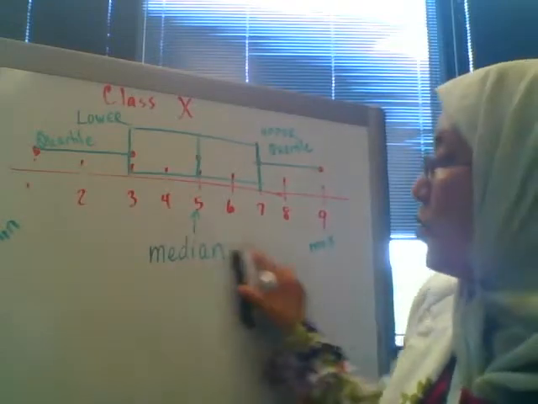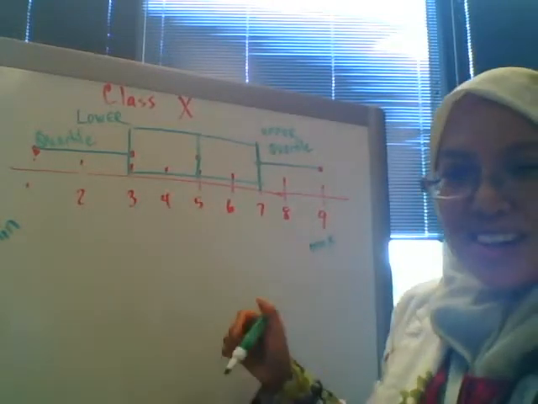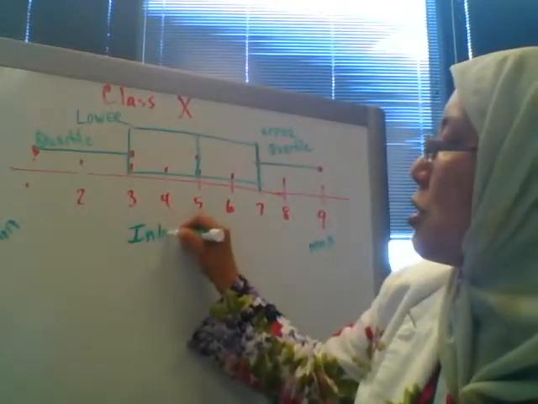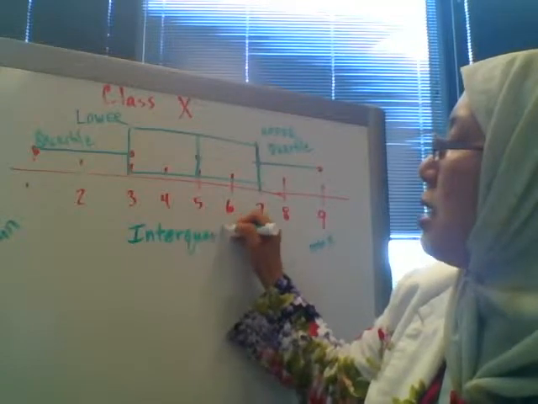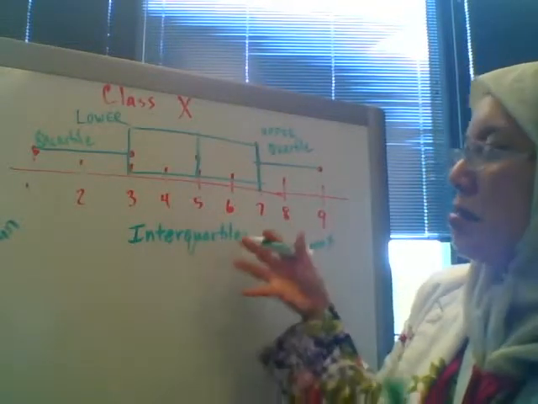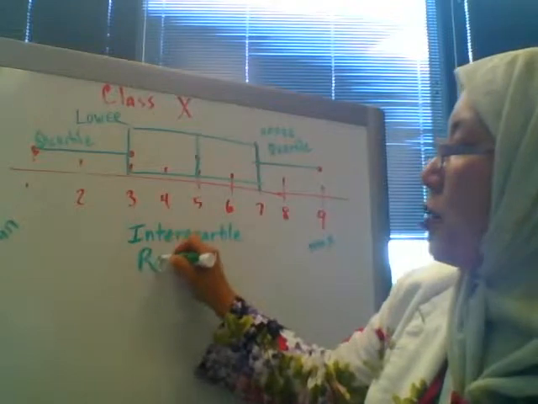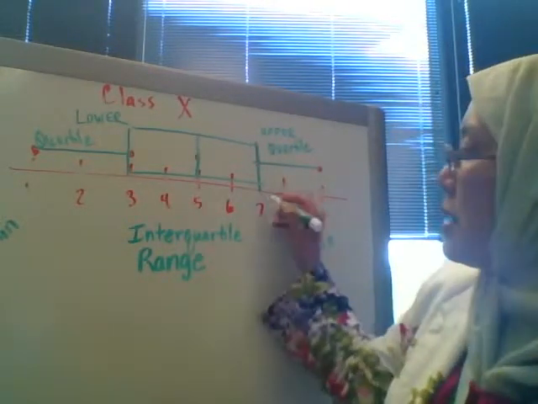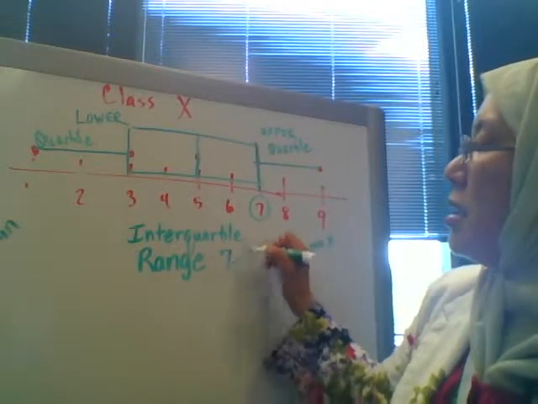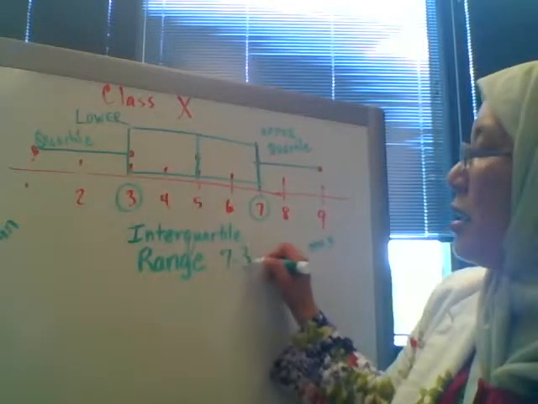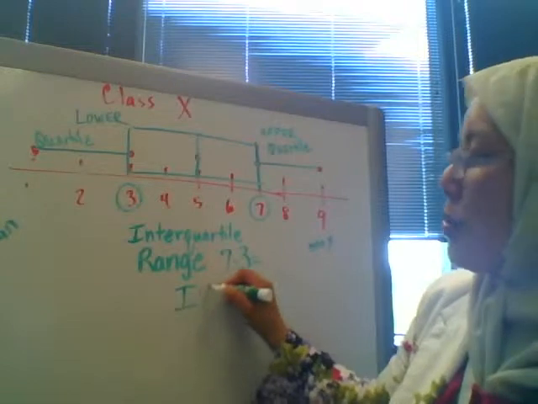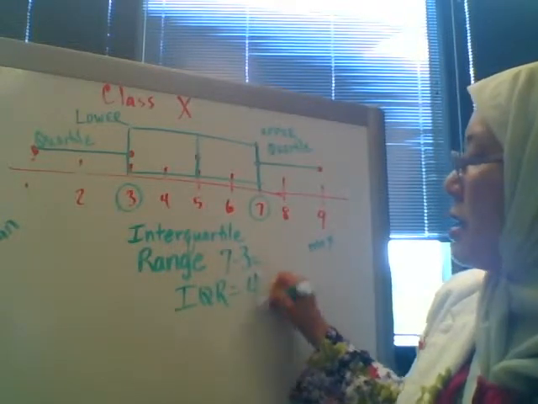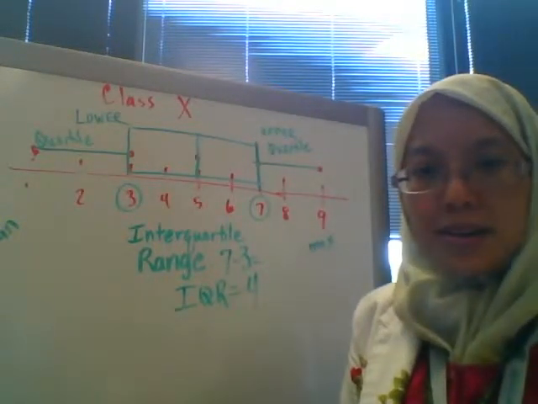So middle, or we'll call it inter, right? So your interquartile is the middle numbers, and your range is always your maximum minus your minimum. So your maximum is 7, your minimum is 3, so our interquartile range is 7 minus 3, or 4. Okay?